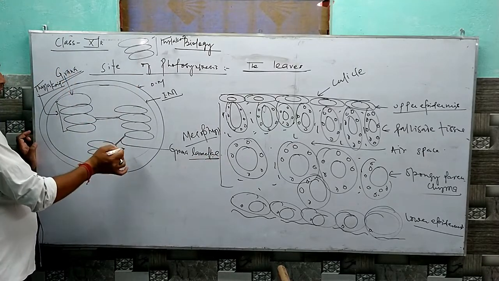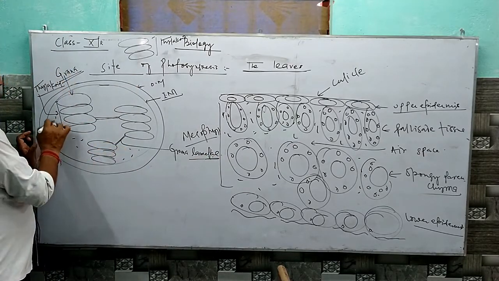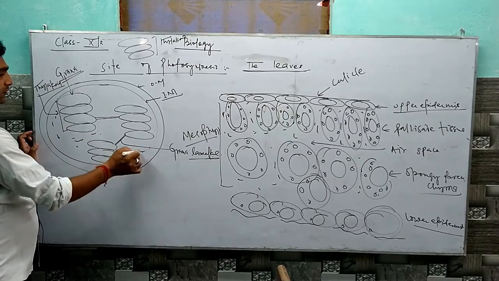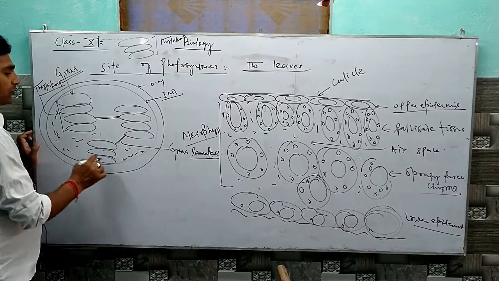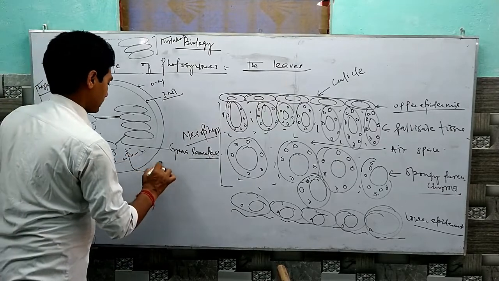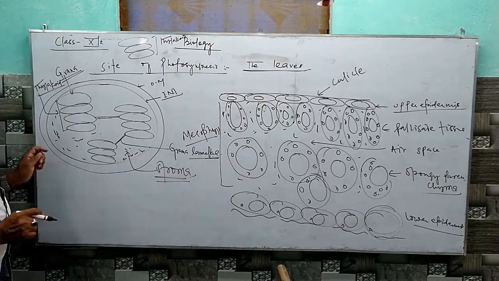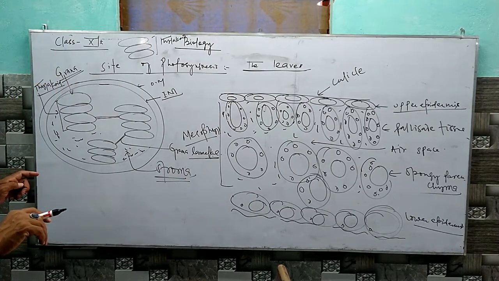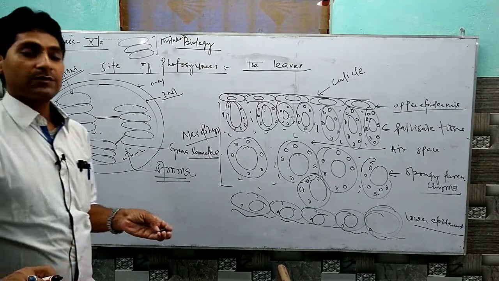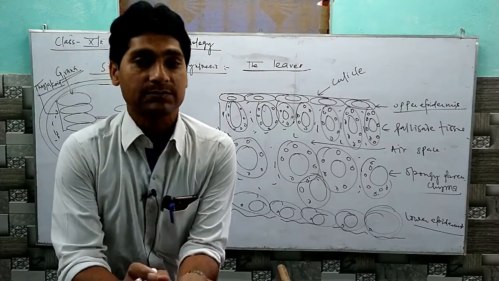And below, in the middle of the chloroplast, is the stroma. Stroma and grana are the two different structures of the plant where the different processes of photosynthesis take place.